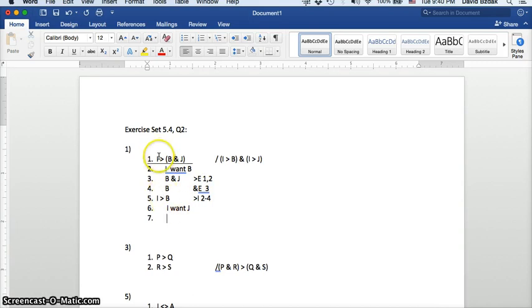Okay, but we can still use this, so we can do the same step and get B and J by conditional elimination of 1 and 6 this time. There's the conditional, there's the antecedent, that gives us the consequent.